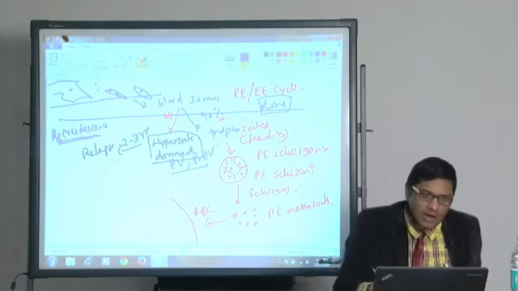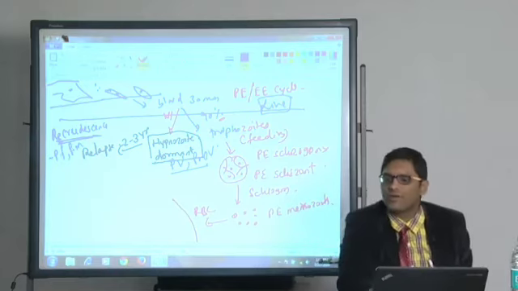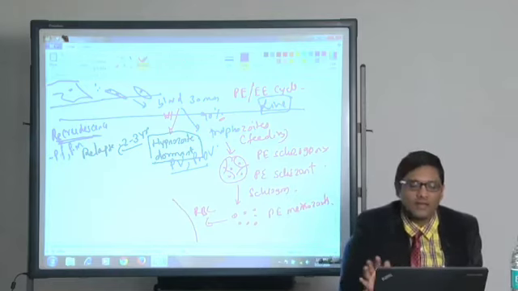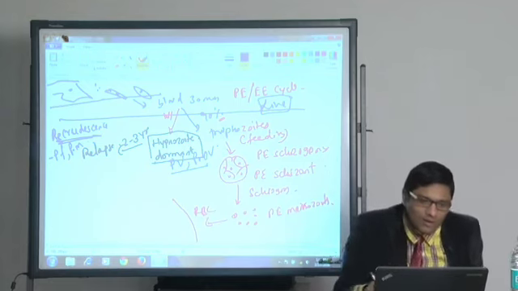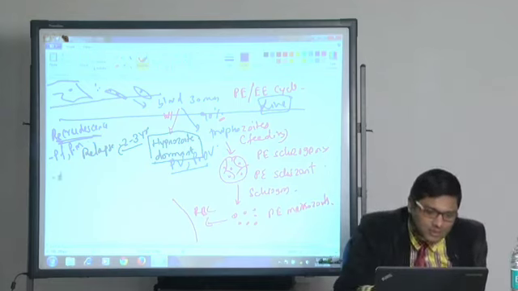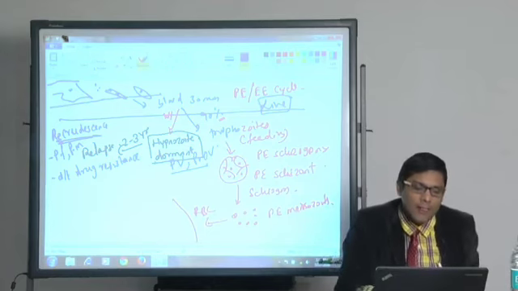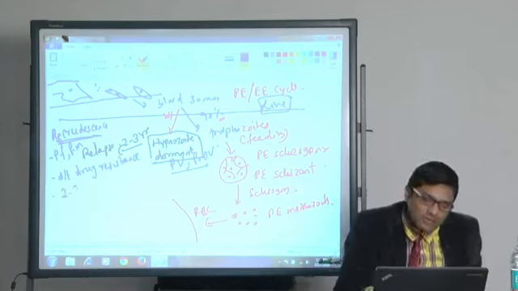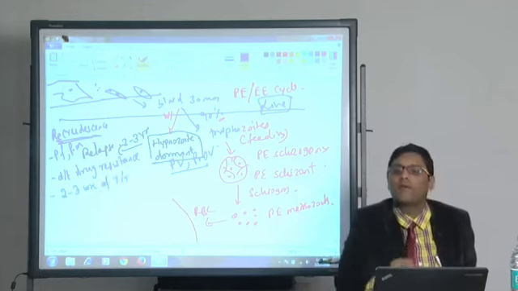In contrast, recrudescence is a phenomenon which is seen in falciparum and malariae. Falciparum and malariae, these two you can get recrudescence, and recrudescence is due to drug resistance. Relapse is due to hypnozoites. Recrudescence is due to drug resistance. They say that recrudescence occurs 2 to 3 weeks after treatment.